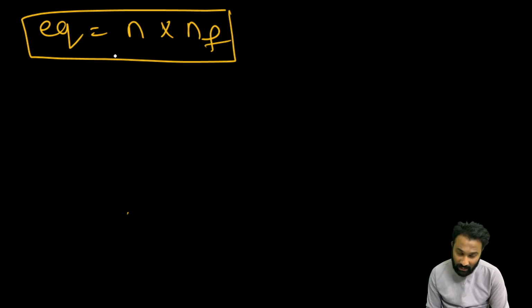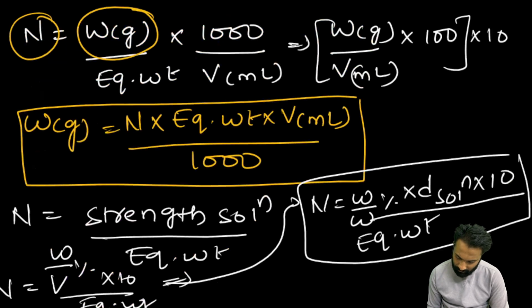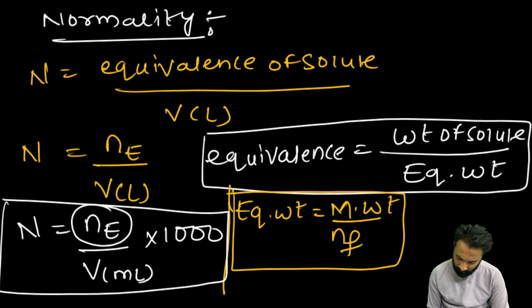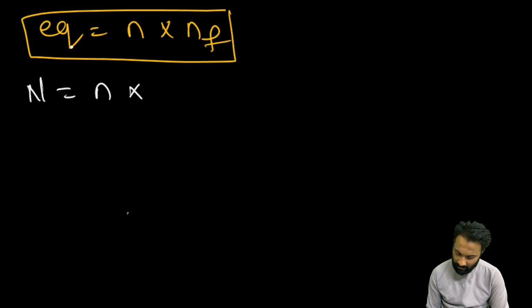Here this formula I was substituting in the normality. Normality is equal to what? Normality is equal to equivalence by volume in ml or volume in liter, right? If you want, you can see the normality formula: equivalence of the solute by volume in liter. So equivalence is equal to n into n factor I got.